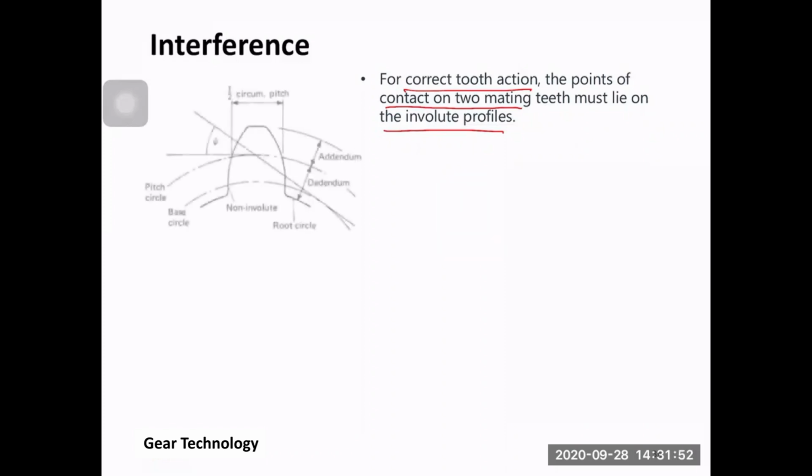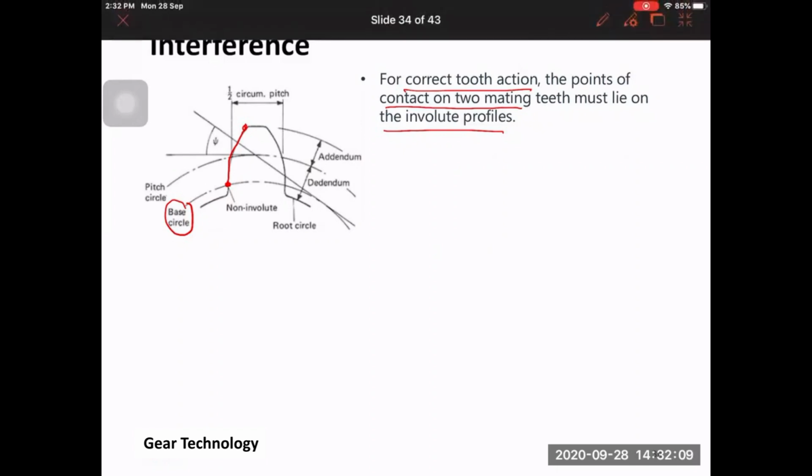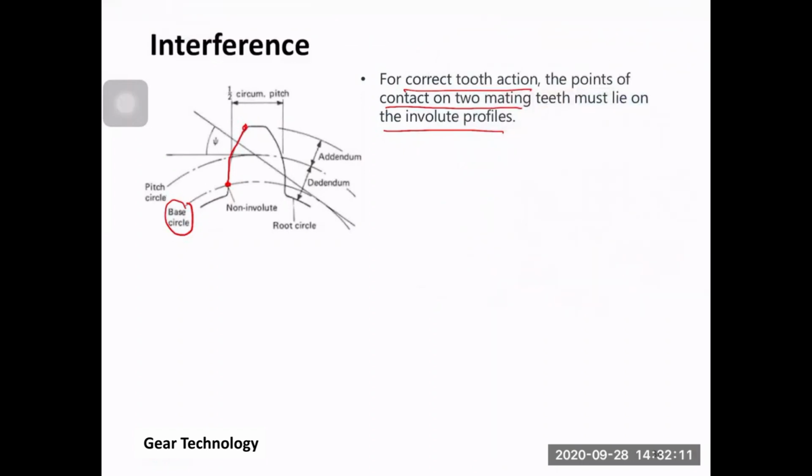If you remember, I said this is the base circle, and the involute part of the curve starts at the base circle, right? Starts from here to here. Okay? So this is the involute part. The part from here to the dedendum circle is called the non-involute portion of the tooth.